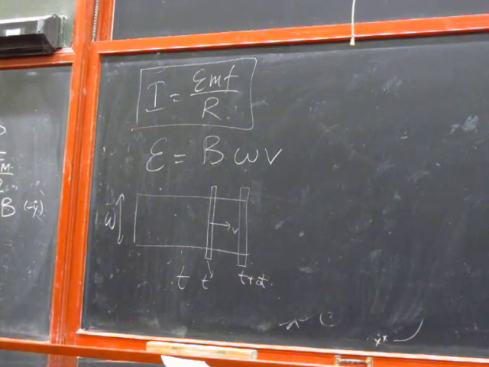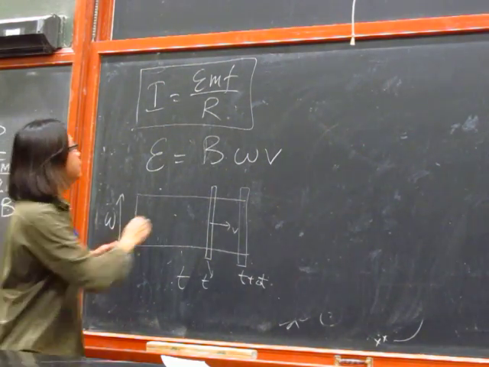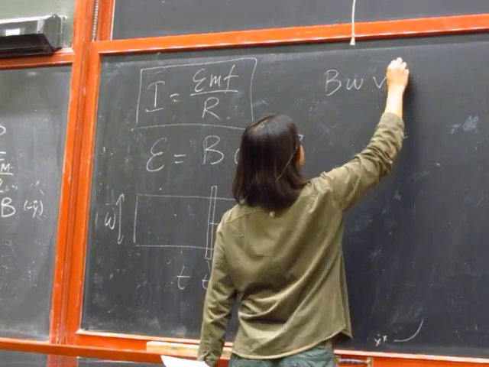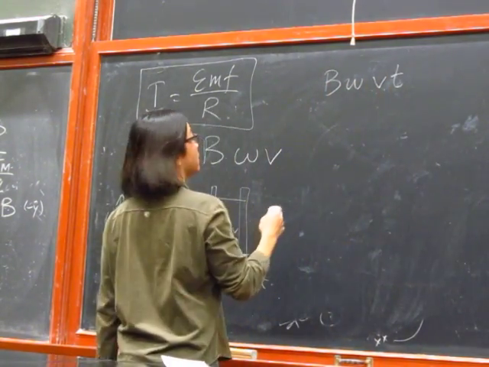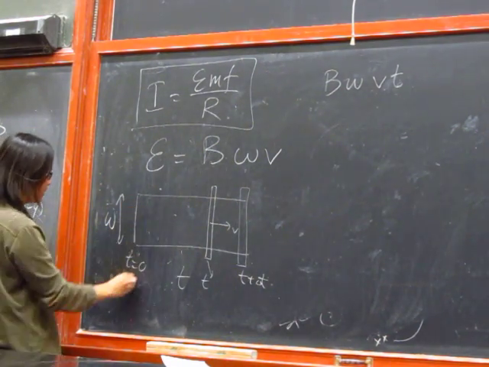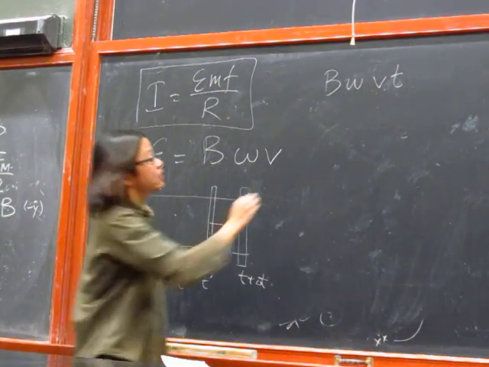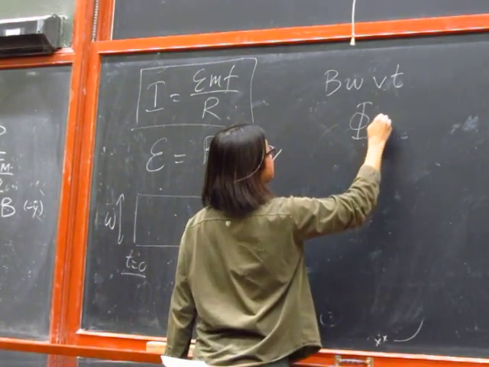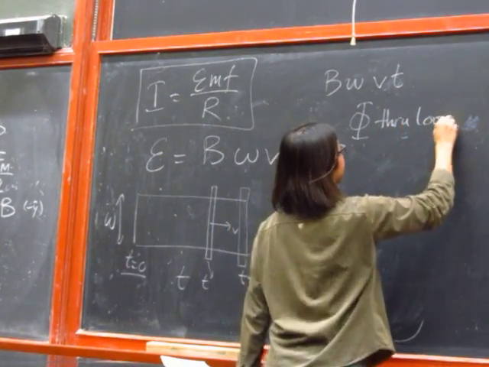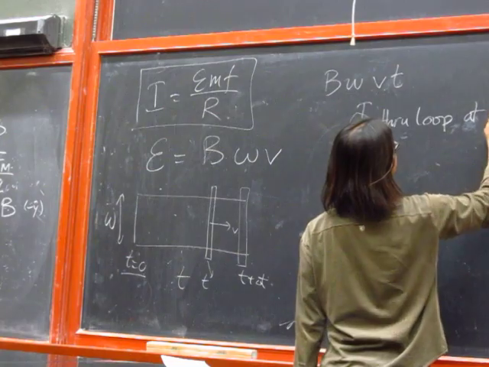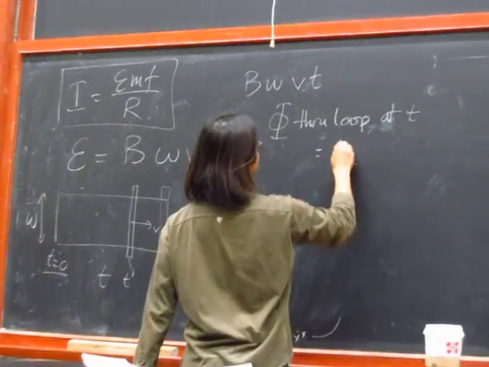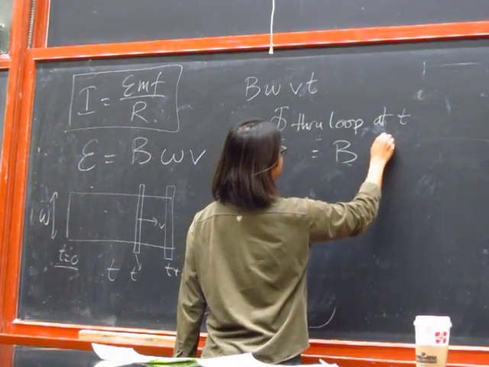Now, if I multiply V, W, V times t, suppose this is t equal to 0, the rod is over here at t equal to 0. Then this is just the flux through the loop at t, because this is just equal to B times the area.